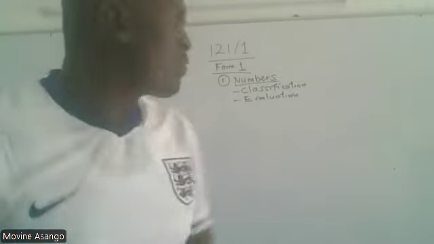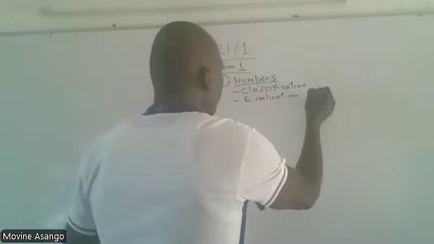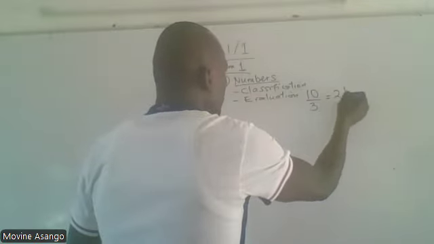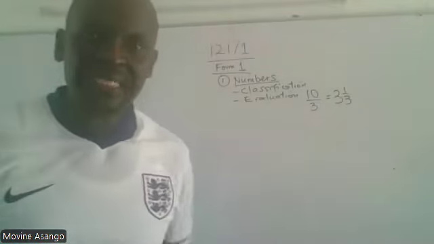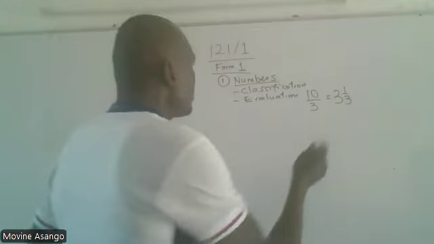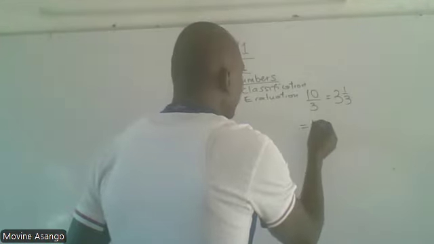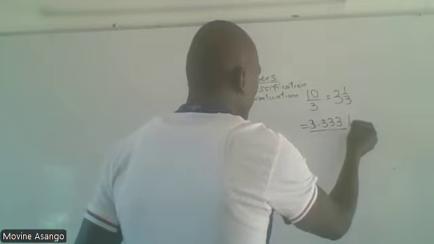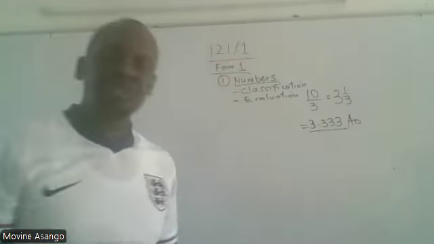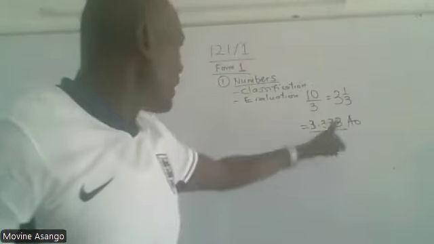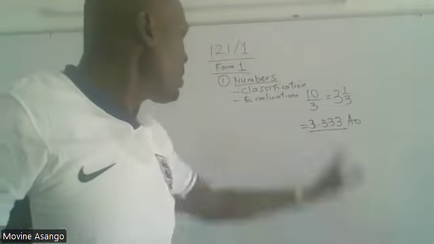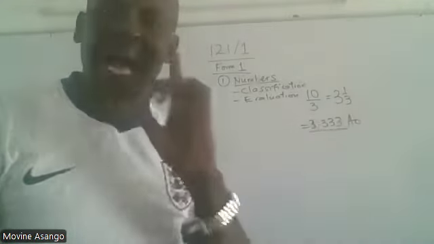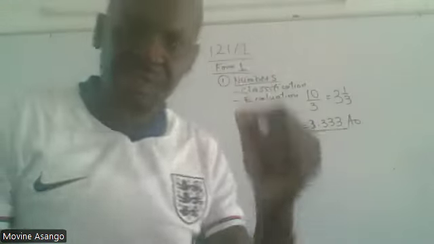For example, if your answer is 10 over 3, you have to say this is 3 and a third. I don't expect a candidate to give me the answer 0.33. Even if it is in 4 significant figures, the accuracy mark will be lost and you'll get a 0. So you simplify it and give it in its mixed number form, unless a specific instruction is provided.